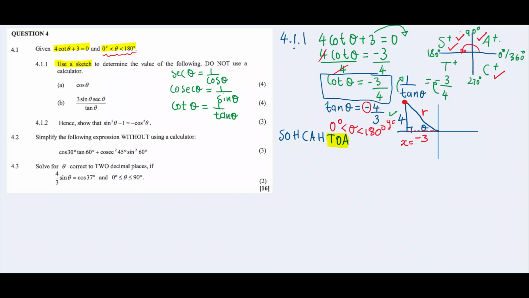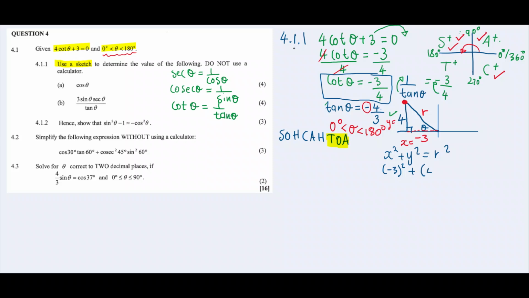We've already figured out where the diagram needs to be drawn, and you can see that the missing value here, it's the r, which is our hypotenuse, and we can quickly look for it from Pythagoras theorem, right? So let's use Pythagoras theorem to figure out the hypotenuse side. x squared plus y squared is equal to r squared.